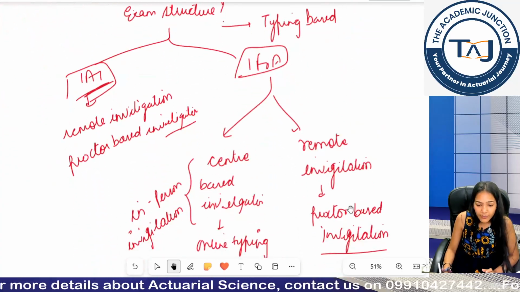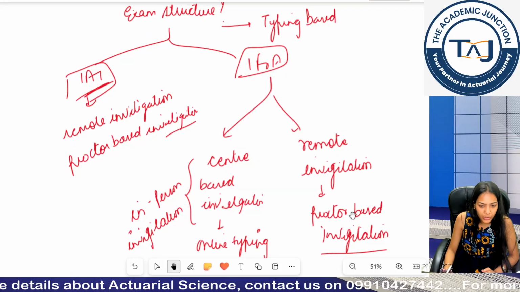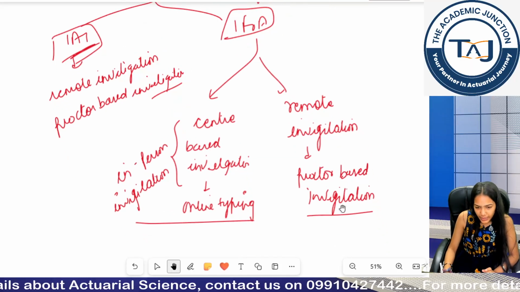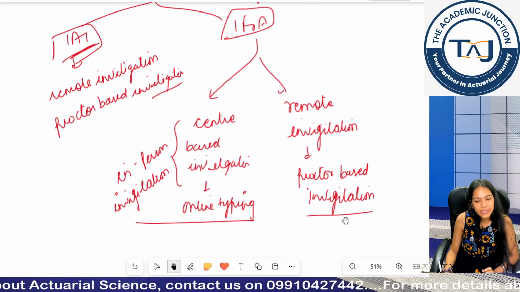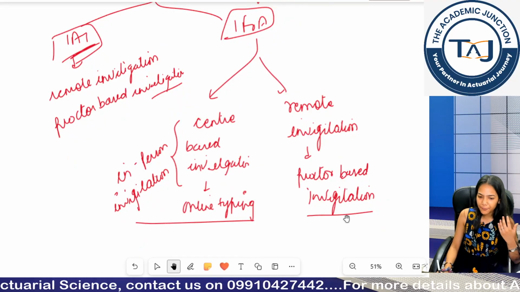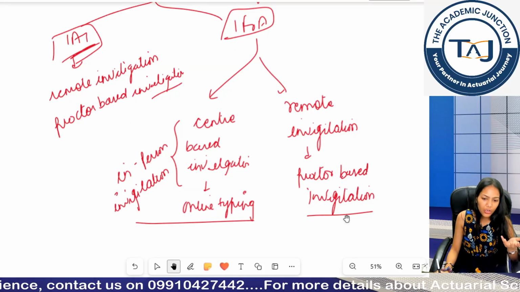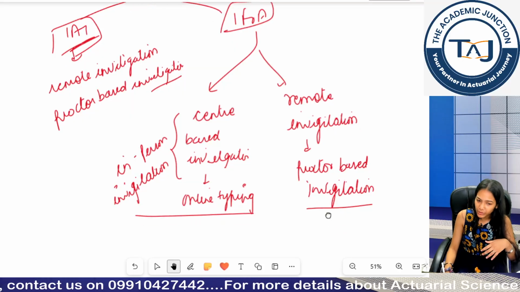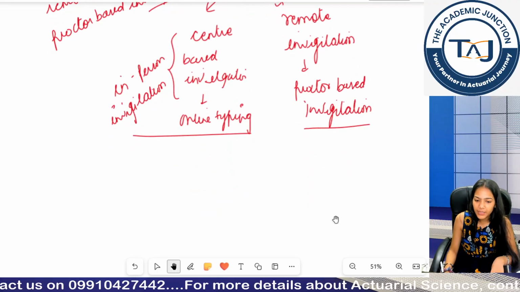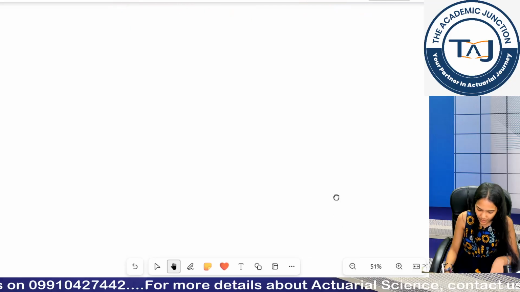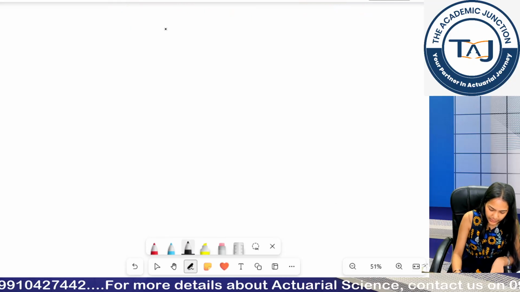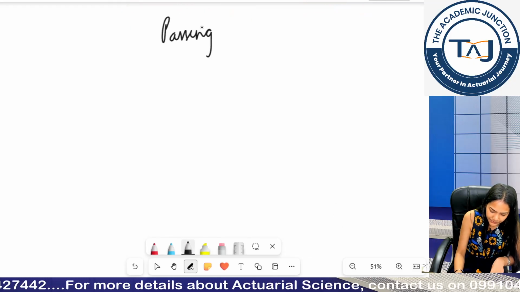From II you would only register for a remote invigilation paper, but from IFOA we have two options, center based invigilation, and in case IFOA is not able to allot you a center, or you do not get your preferred center, you can apply for remote invigilation as well, where you will be invigilated through a proctor.